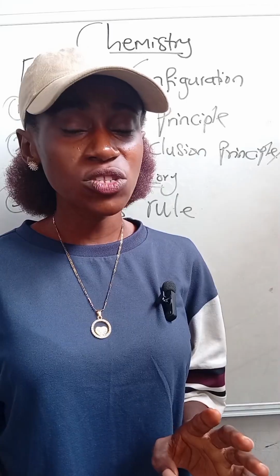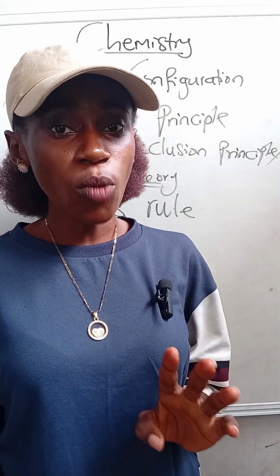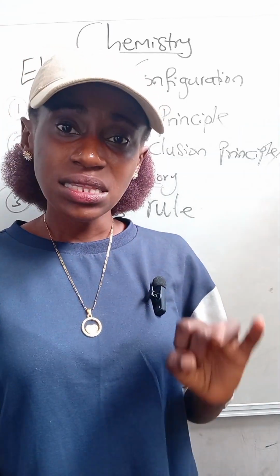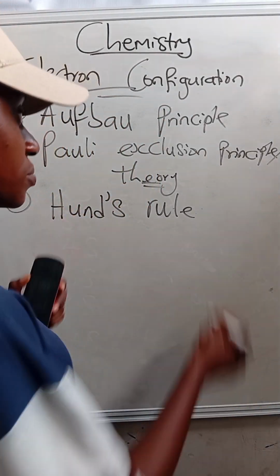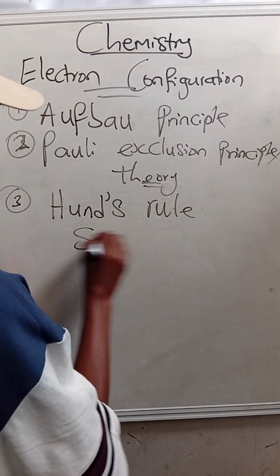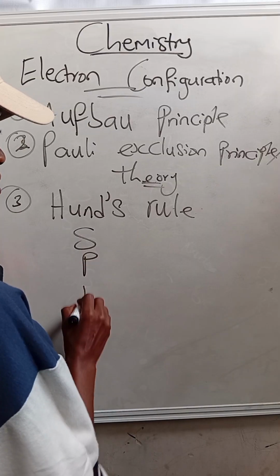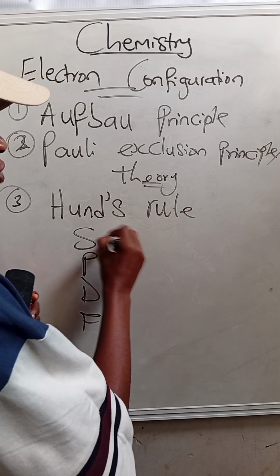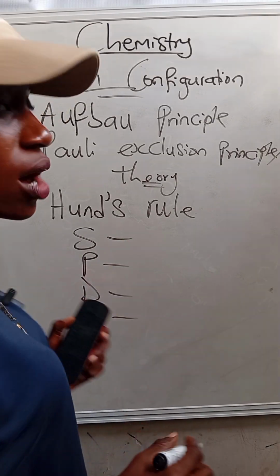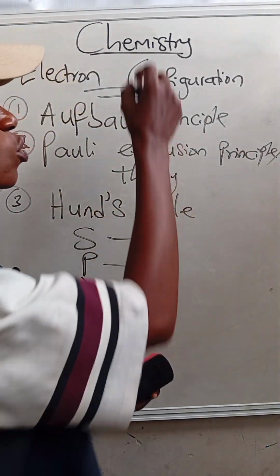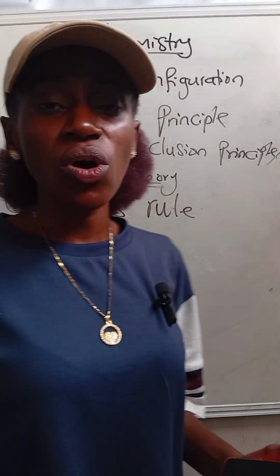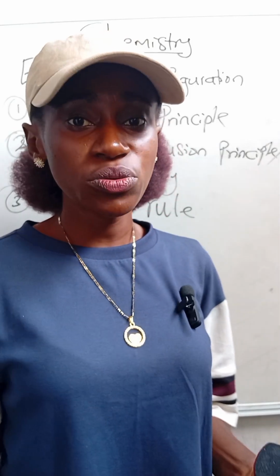Of course, you know that we have four blocks there: the S, the P, the D, and the F block. These are found on the periodic table, so you need this to fix your electron configuration.